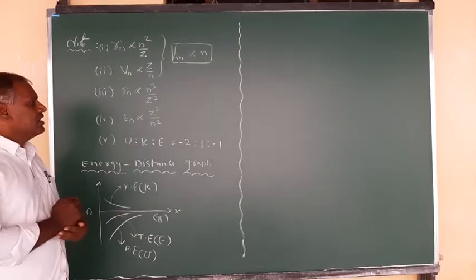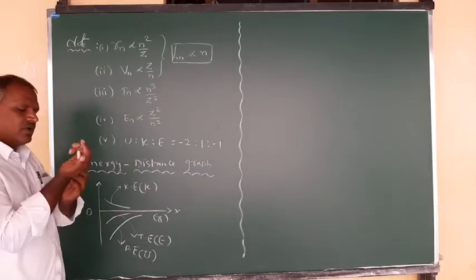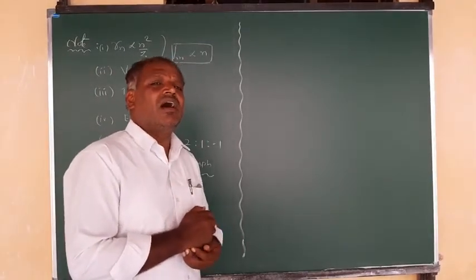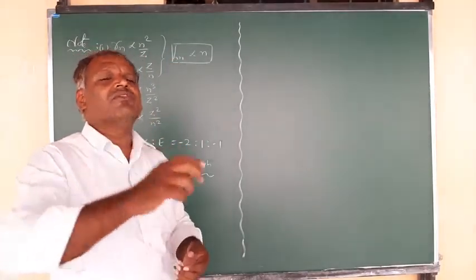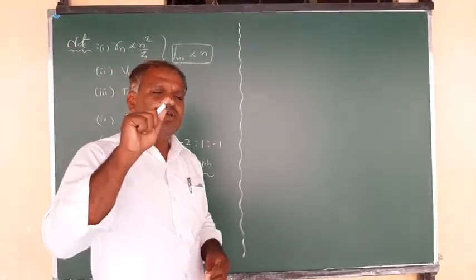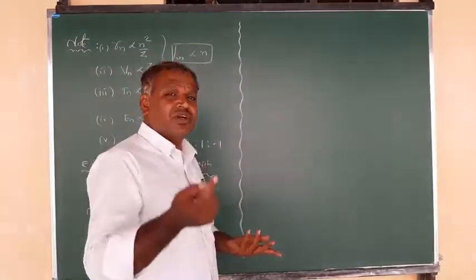As the r value increases, the energy in terms of r is inversely proportional to distance, that is 1 by 4 pi epsilon naught q1 q2 by r.